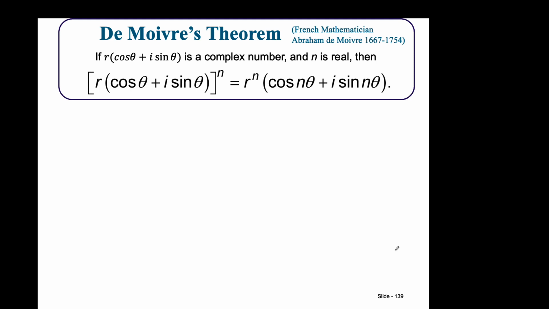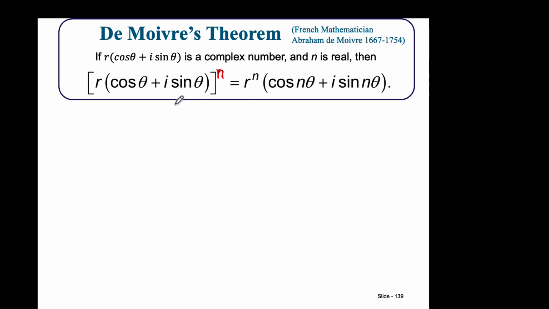There's a French mathematician, Abraham de Moivre, I believe it's pronounced, alive from 1667 to 1754, and his theorem is that if r cosine theta plus I sine theta is a complex number and n is a real number, okay, and it needs to be real, then you can take your complex number to the power of n.